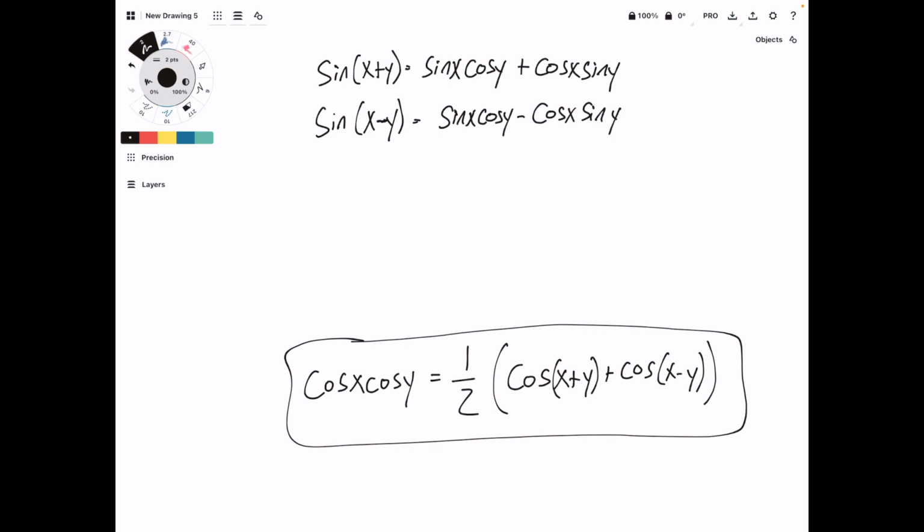With these two formulas, we can add them or subtract them, and again, different parts will cancel out, and we'll be left with one of the 4 formulas that we got above.